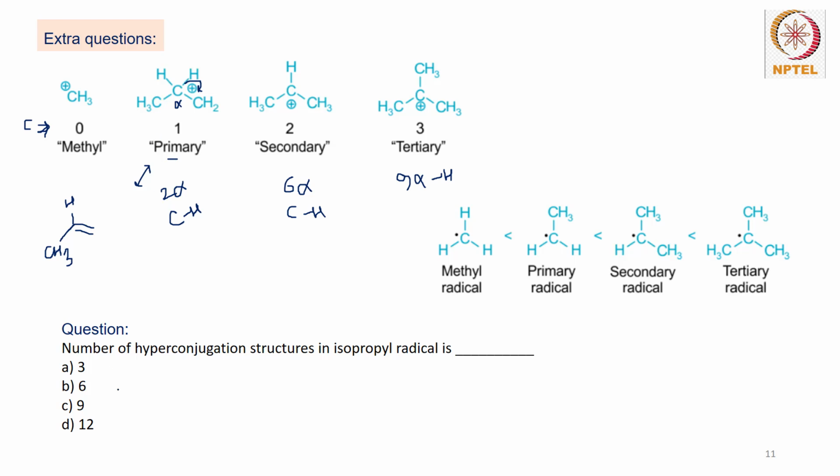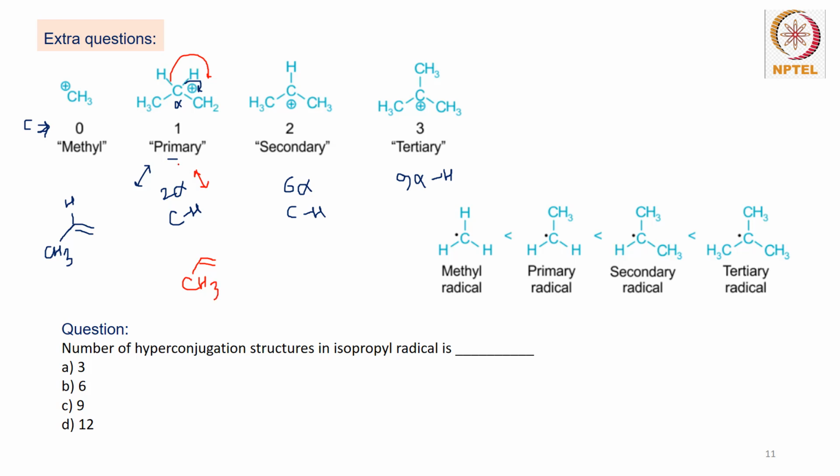Now if another hydrogen moves, one possibility is this one, and there is another hydrogen, so this can also come here and we will get another structure. Both are similar, but the probability is 2, because there are 2 hydrogens.